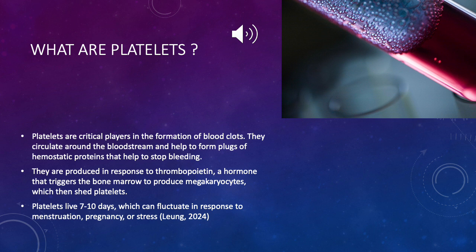So a little bit on how they work. If a blood vessel gets injured and the underlying tissue is exposed, it can trigger a response where the platelet gets activated.